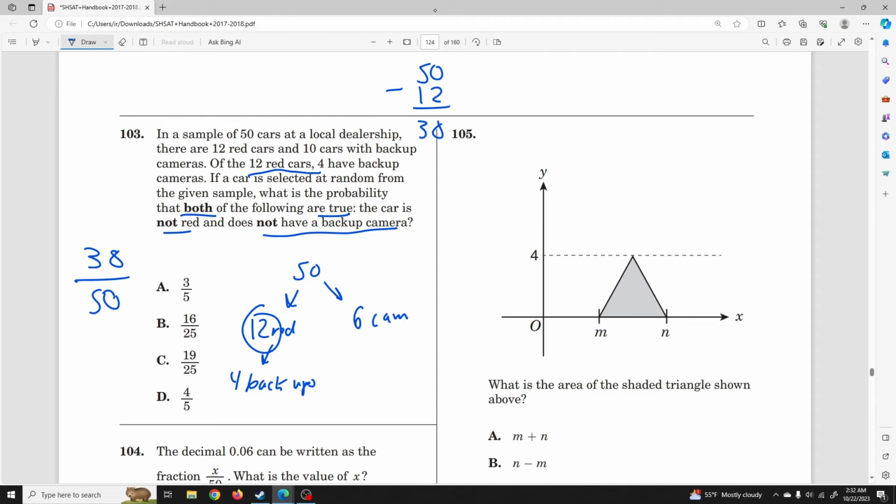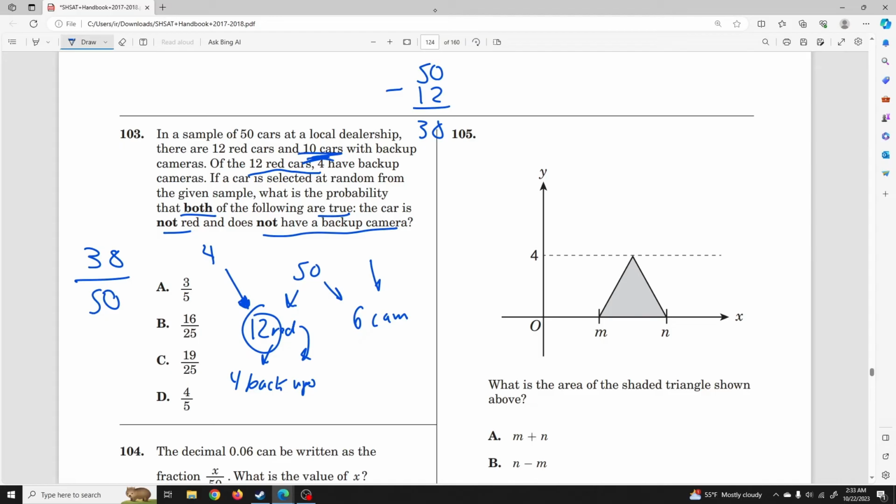But we're also asking for the cars that do not have a backup camera, right? Well, we know that there's 10 cars with backup cameras, so you may want to subtract 10, but that's wrong, right? Because we knew that 4 of the red cars had backup cameras. So 4 of these 12, we don't know which ones, but we just know that in this 12, there are 4 cars that also have backup cameras.